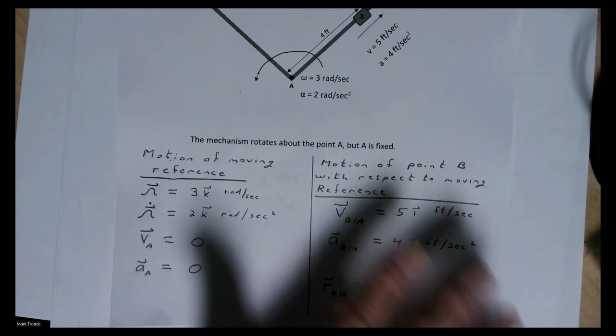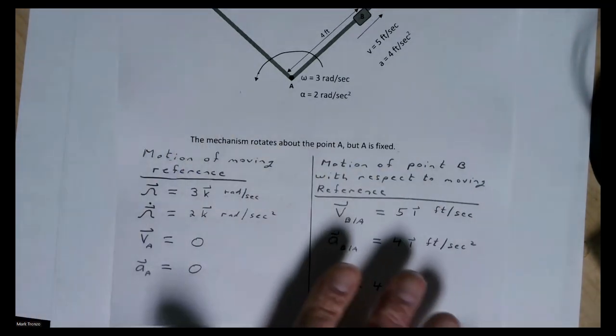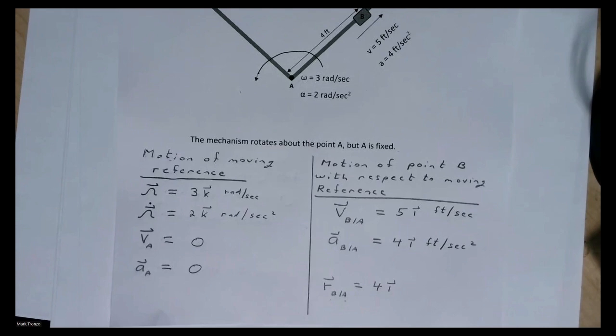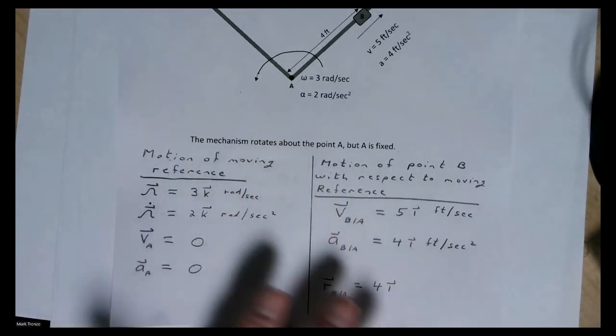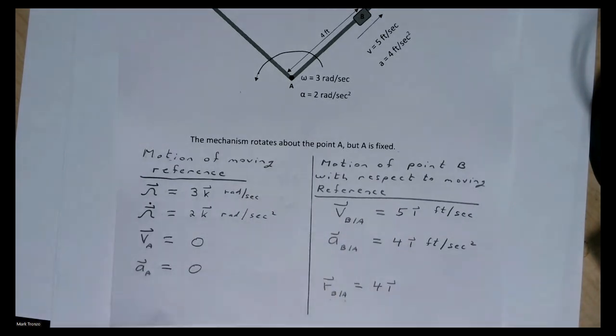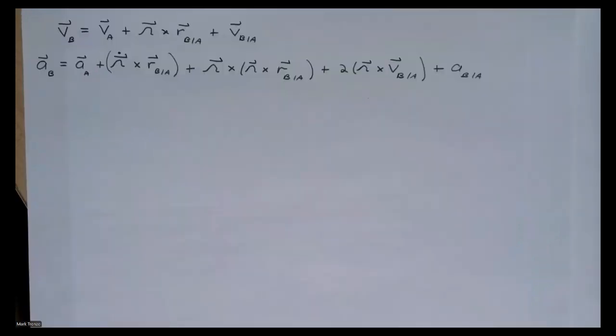So now all we're doing after this is just calculations, nothing more. This is the most important part, setting this up. Now everything is just substituting into our equation. Again, these are the equations that I showed you at the beginning of the video.